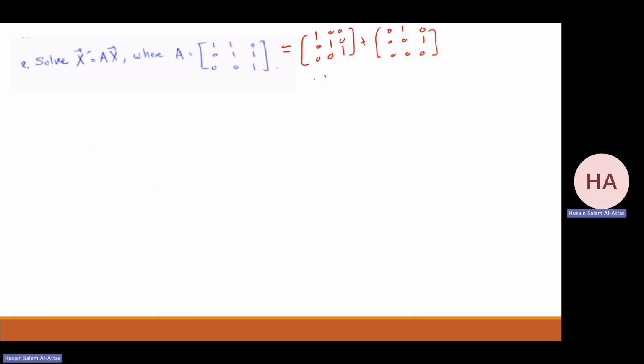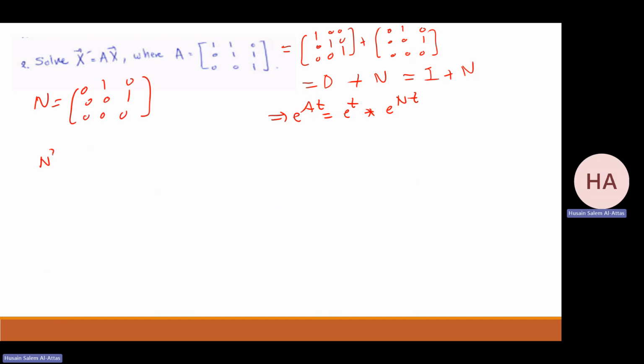So it's diagonal plus nilpotent. Actually, it's I plus N. That implies e to the power At is e^t times e^Nt. What is N? N is 0 1 0 0 0 1 0 0 0. What about N squared?